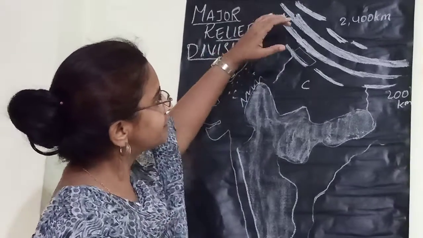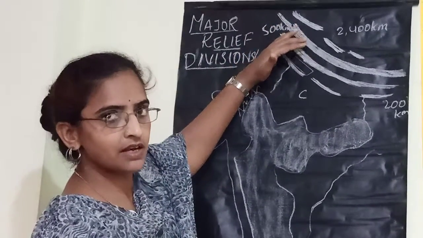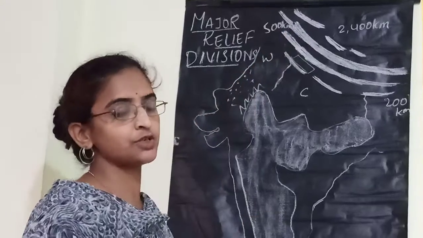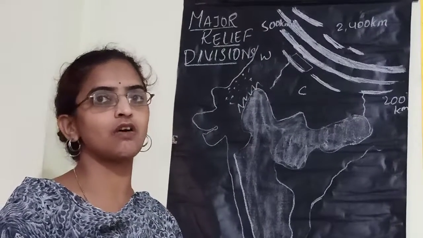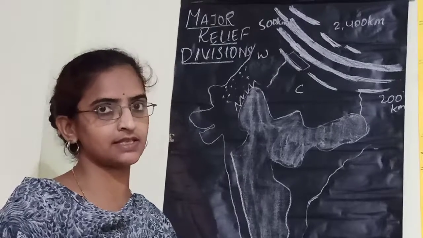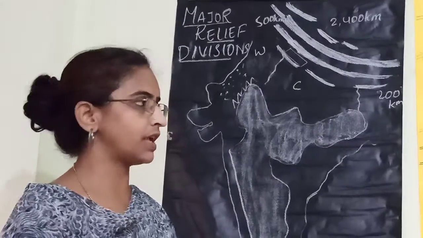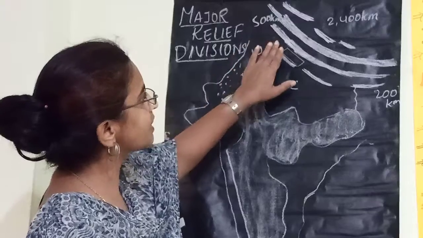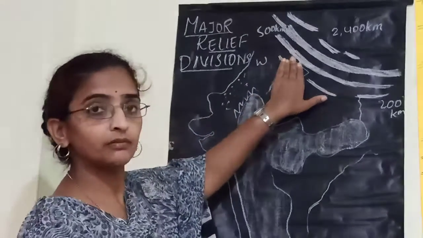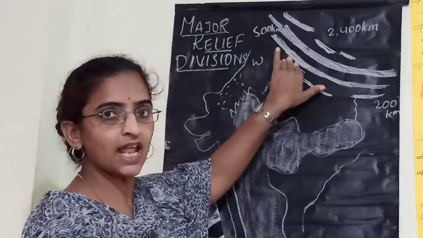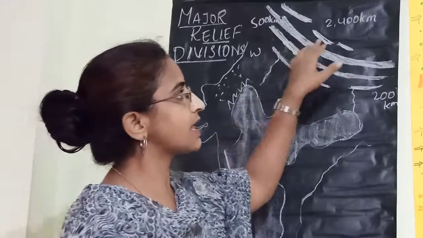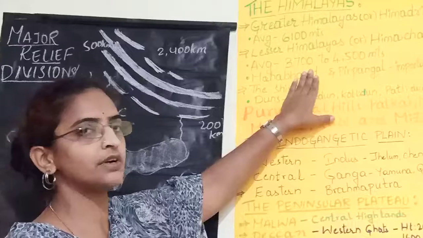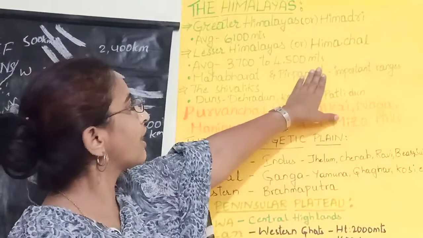The Greater Himalayas have the greater peaks. If you remember, Kanchenjunga, K2, Karakoram ranges, these all are part of the Greater Himalayas, that means part of the Himadri ranges. In the same way, the Lesser Himalayas, otherwise called Himachal ranges, have an average height of around 3,700 to 4,500 meters.